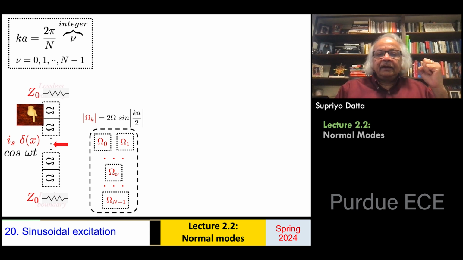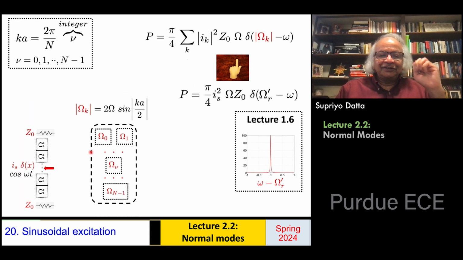Well, this is where the independent oscillator idea is very useful, in the sense that what we did last week was we said when there's a single oscillator, the power delivered is so much. There's this delta function, and the power that is drawn from a current source is so much. Well, now we have a whole bunch of oscillators.